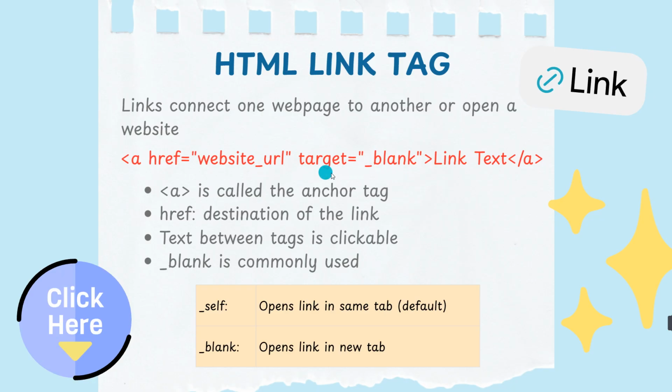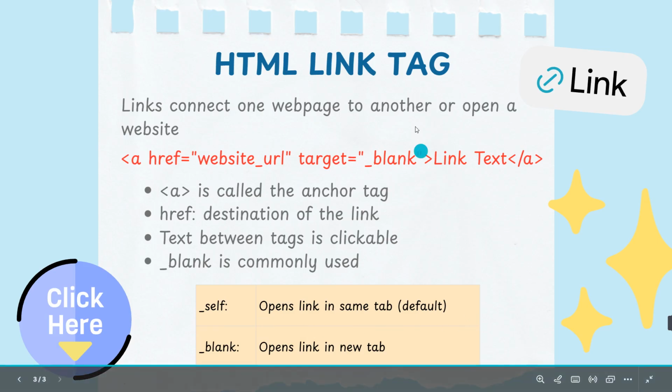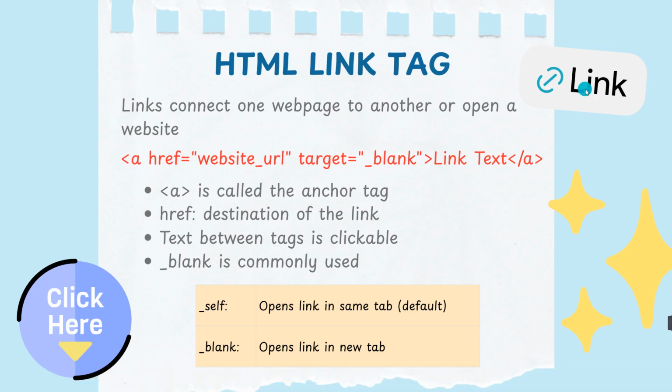Now here the target attribute's value by default is _self. Opens the link in the same tab. Let's say this is the link I'm clicking. When I click on this particular link or the link text, it will open it in the same tab.